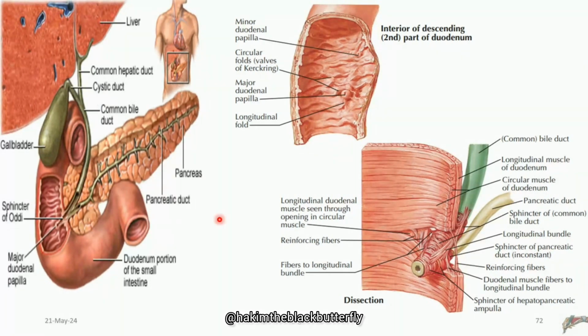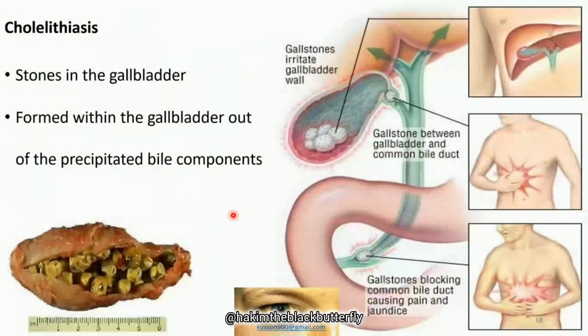Of course, we've been talking about stones. The term cholelithiasis means stones within the gallbladder. These stones can easily form within the gallbladder, and there are various risk factors. Individuals who are obese have so much cholesterol, and you know that some of these stones are cholesterol stones, formed from cholesterol.